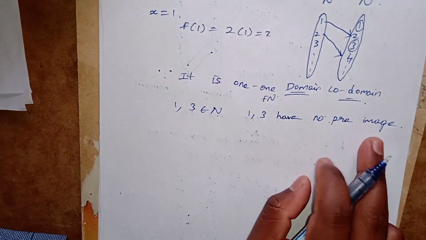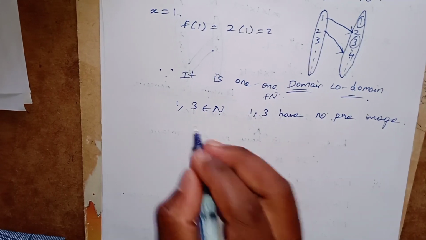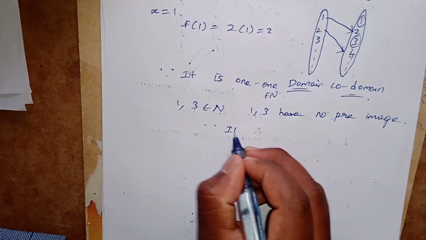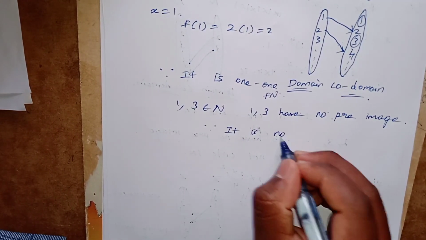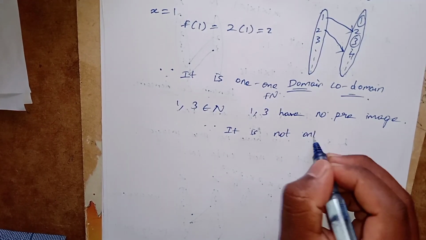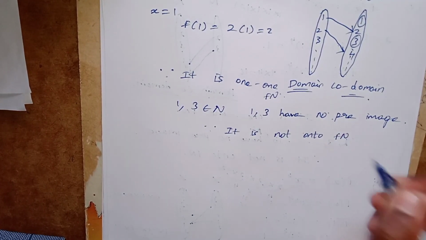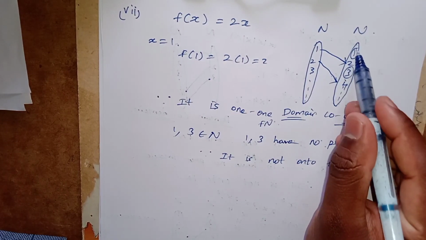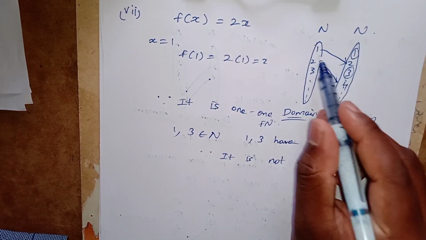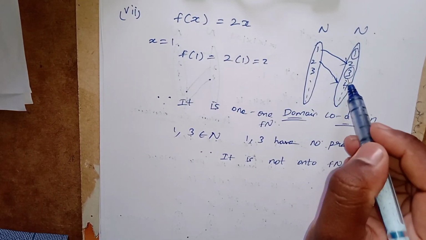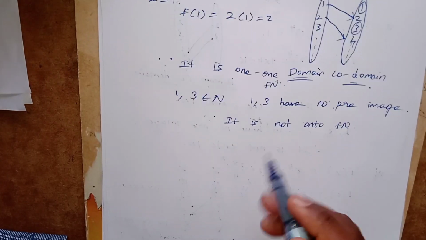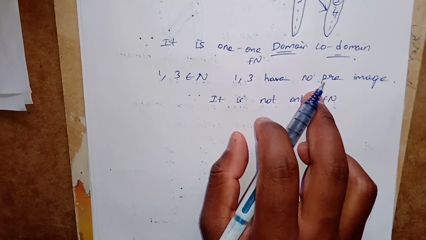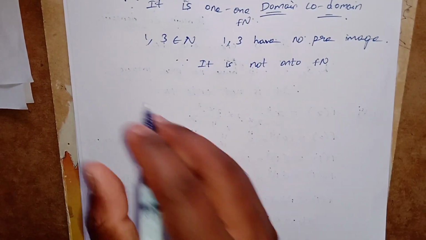No pre-image means it is not an onto function. For onto, every term should have its own pre-image, but 1, 3 has no pre-image. Therefore here it is not an onto function. Okay, next.